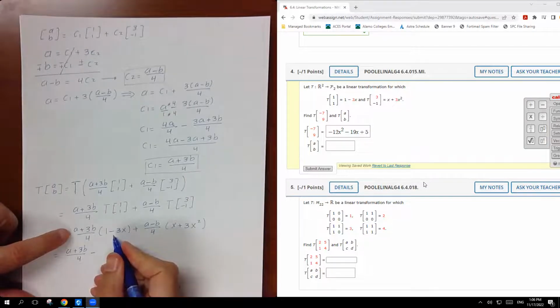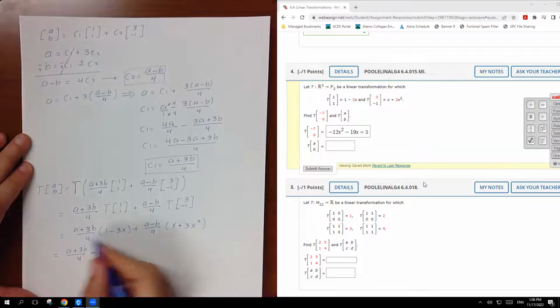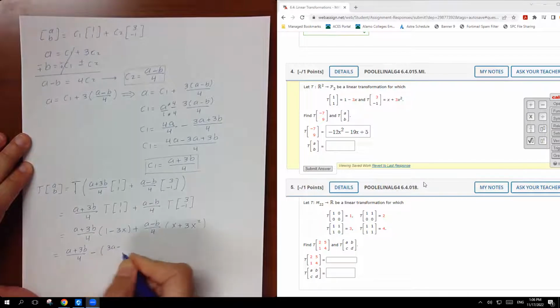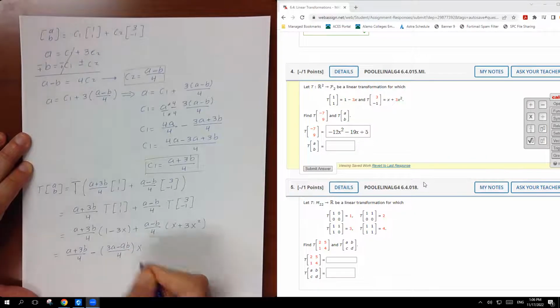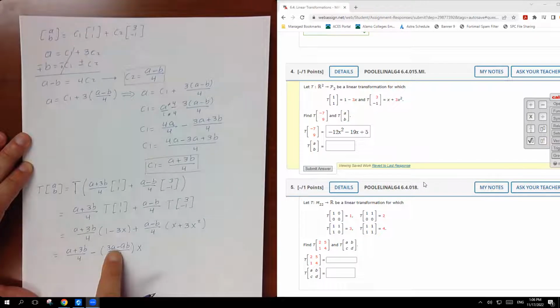So this part times 3, minus 3a minus 9b over 4, and everything here for the x. We can keep the minus here, or if you want to distribute the negative sign, this one times negative 3, so it's going to be negative here. I keep the minus, so it's going to be 3a minus 3b.